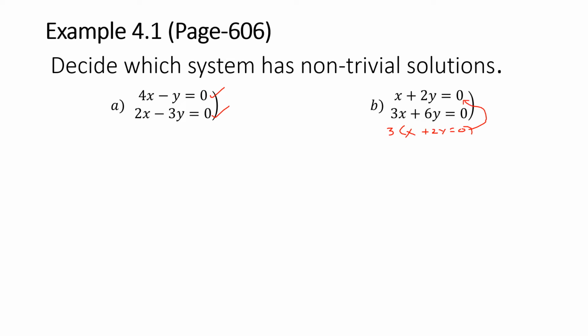So in this case, of course, there is a non-trivial solution, and here there are 2 equations. So in case B we are actually dealing with one equation, which is x plus 2y equals 0, so the solution will be non-trivial. In the other one there is a clear difference between the coefficients, so we will get trivial answers.